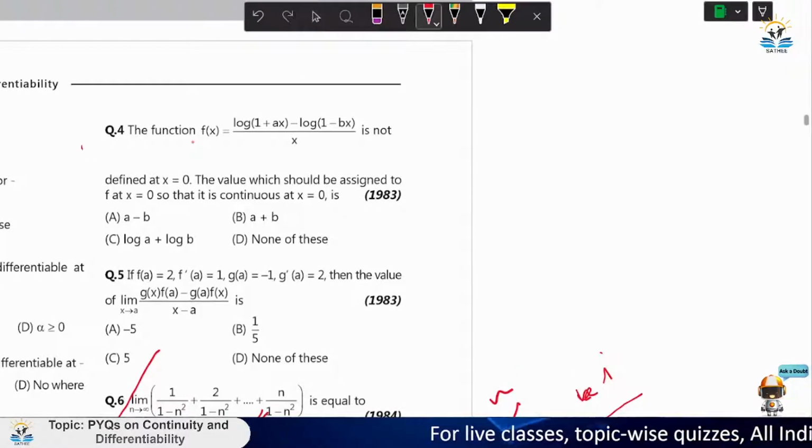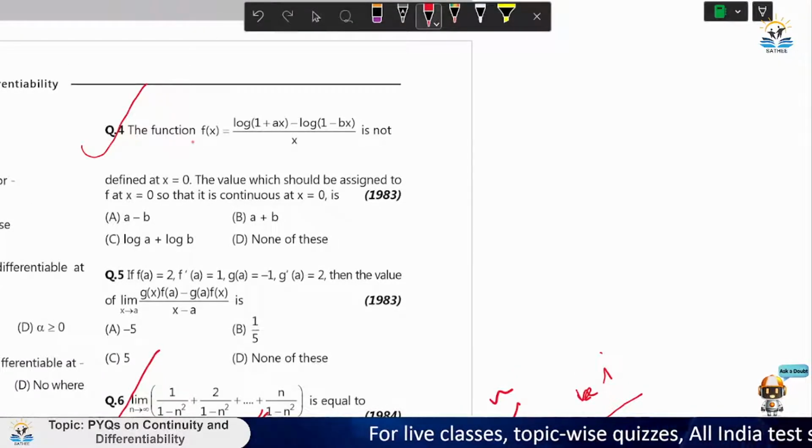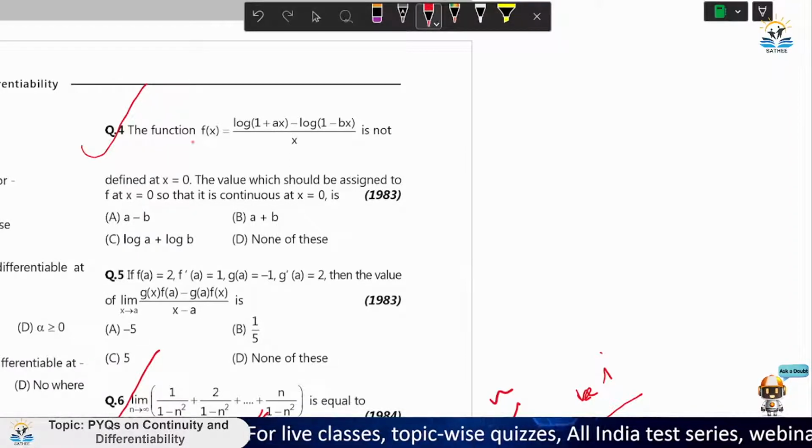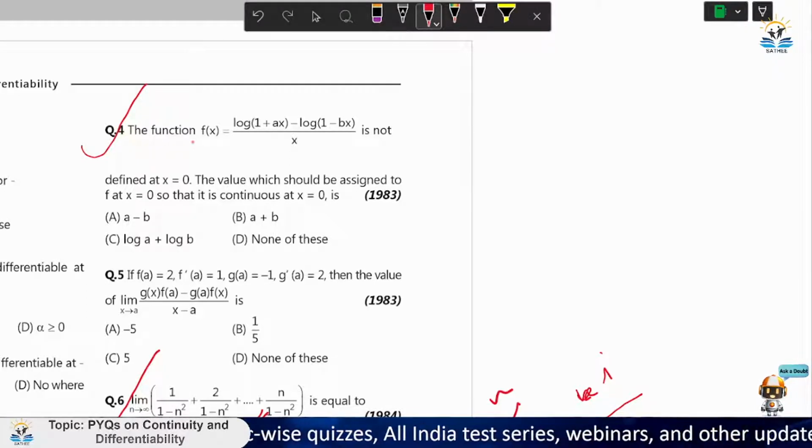You can do this one also, the fourth question. The function f of x, with log of (1 plus ax) minus log of (1 minus bx), is not defined at x equals 0. What value should be assigned to f at x equals 0 so it's continuous? We'll directly apply L'Hopital's rule, because taking x equals 0, we know it's 0 by 0.